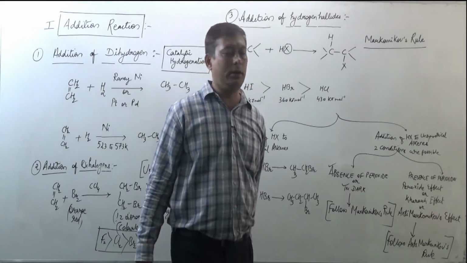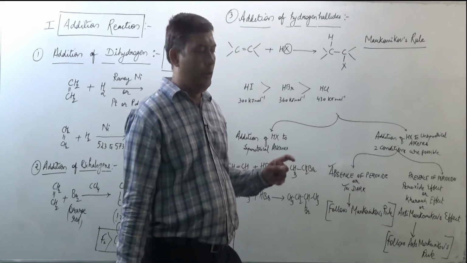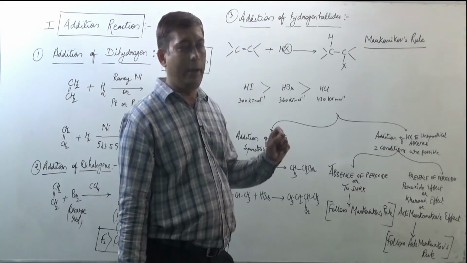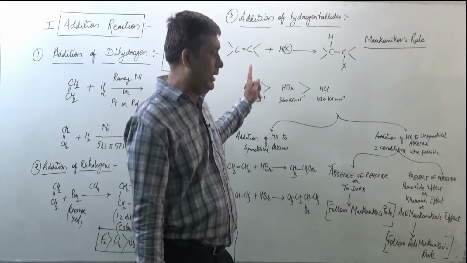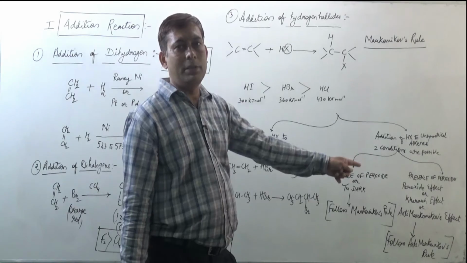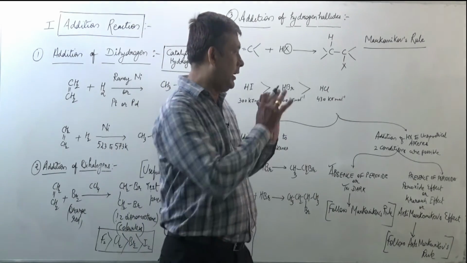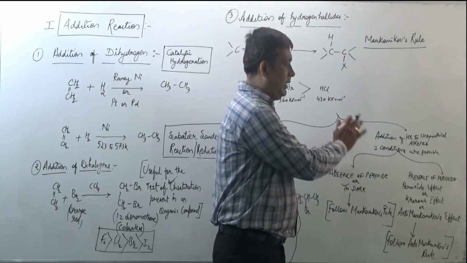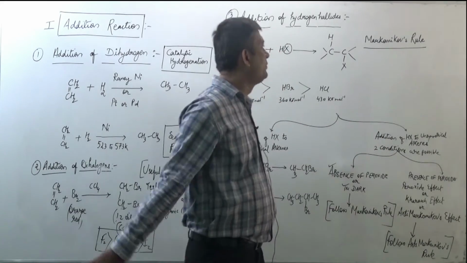So you have to use the anti-Markovnikov rule whenever the hydrogen halide reacts with unsymmetrical alkene in the presence of peroxide.